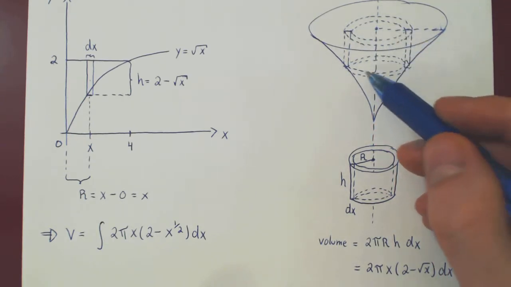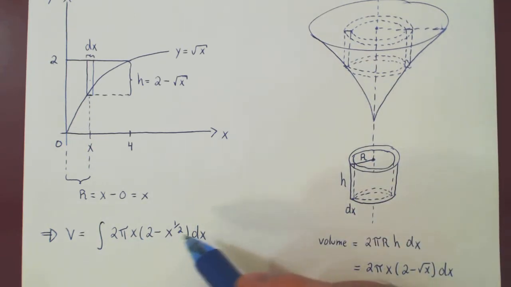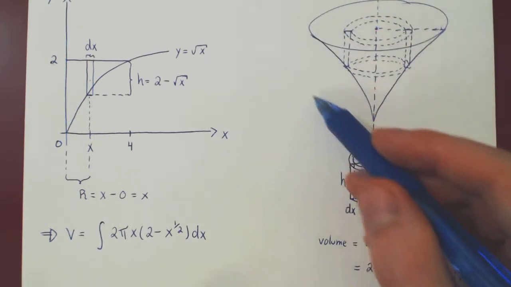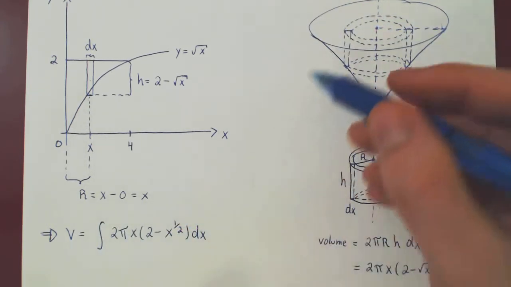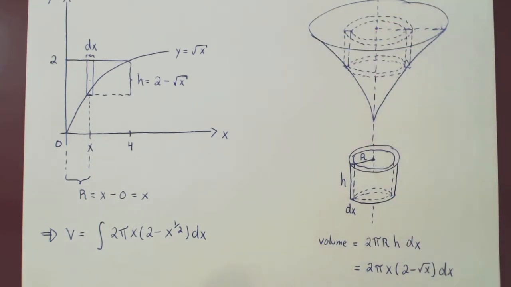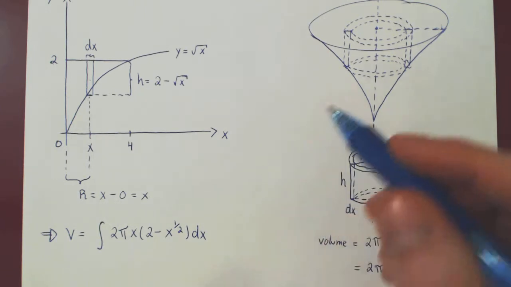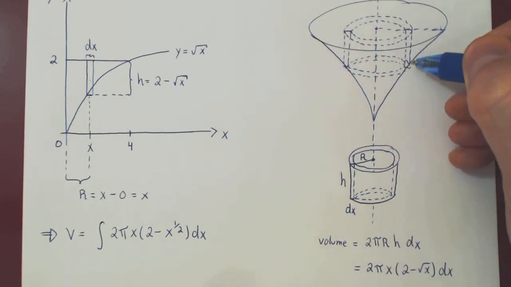The volume of this shell is 2 pi x, 2 minus x to the 1/2 dx. And to find the total volume of our solid, we sum the volume of every little cylindrical shell that lies within it. Now, where do they begin? Where do they end? Well, our shells are generated by the vertical rectangles across our region.